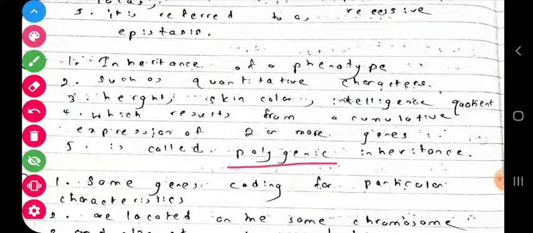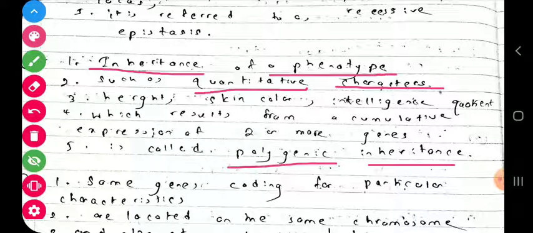Polygenic inheritance. So what do you mean by polygenic inheritance? Inheritance of a particular phenotype, such as qualitative characters. What are those qualitative characters? Are they qualitative characters? No, quantitative characters. Sorry, so inheritance of a phenotype, such as quantitative characters.